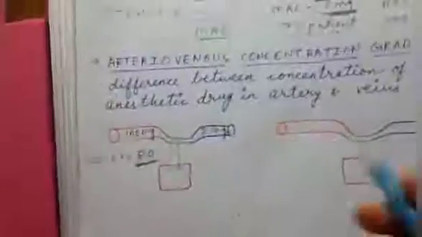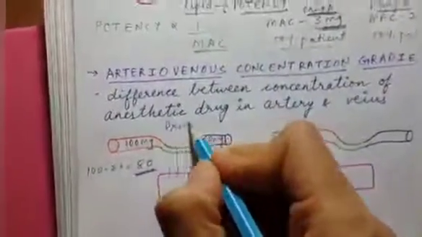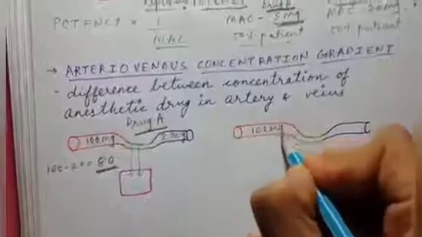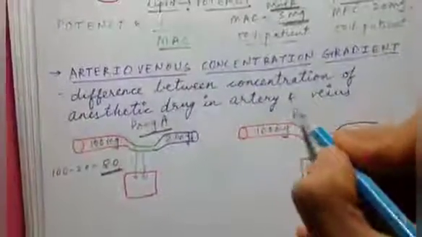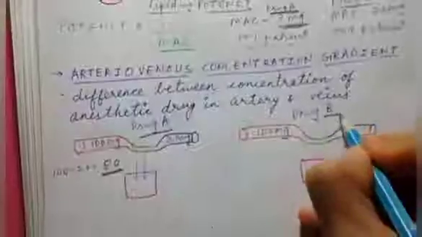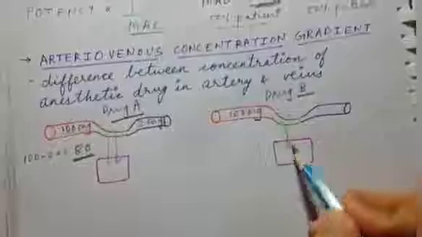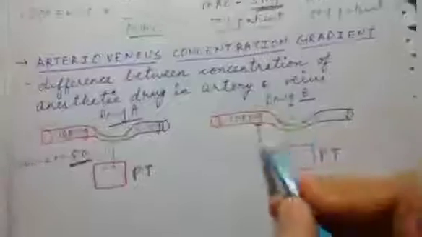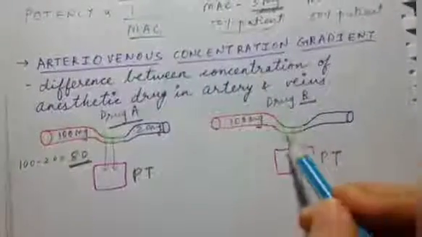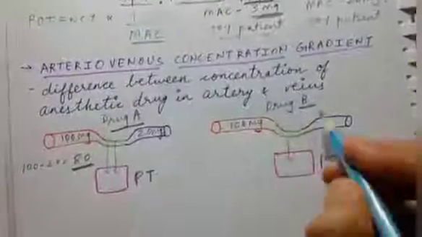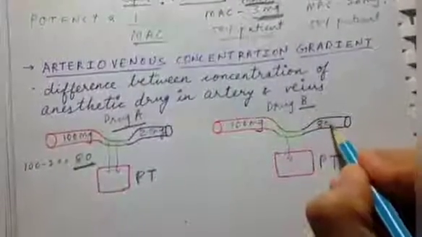Let's say this is drug A again. Now in another drug, let's say drug B, the concentration of the drug in the artery is 100 milligram. Again the drug will be taken up by the peripheral tissue. When we measure the concentration of drug B in the vein, let's say it is 80. What does it mean?